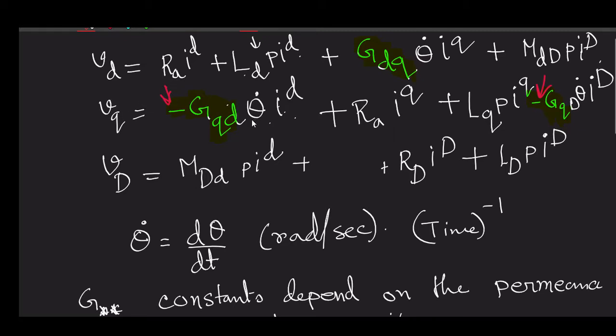Therefore on the right side they will come as minus. Similarly, it is true for your I_D also, right? And similarly you can figure out why this term is positive. If you consider, it is basically opposing your V_D, and thereby you have this as positive here.